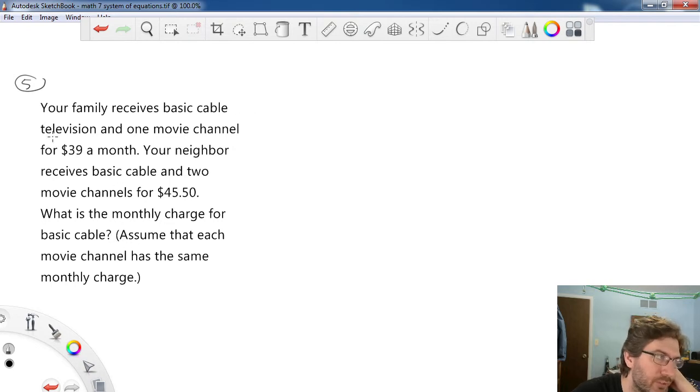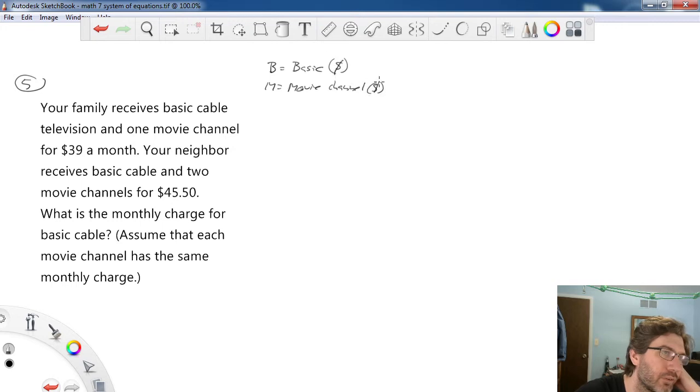So your family receives basic cable television and 1 movie channel for $39. So we're going to come over here, we're going to say B equals your basic and M equals your movie channel. And these are both going to be in prices.